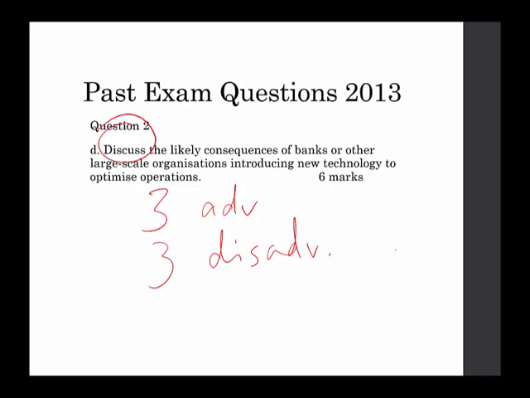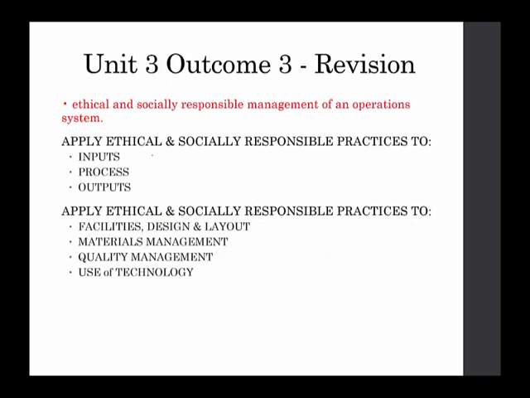So, this is a key word, obviously, discuss, and I think this question was probably answered poorly, but when you break it down, it shouldn't be that difficult if you've done your revision on technology as an operations management strategy.